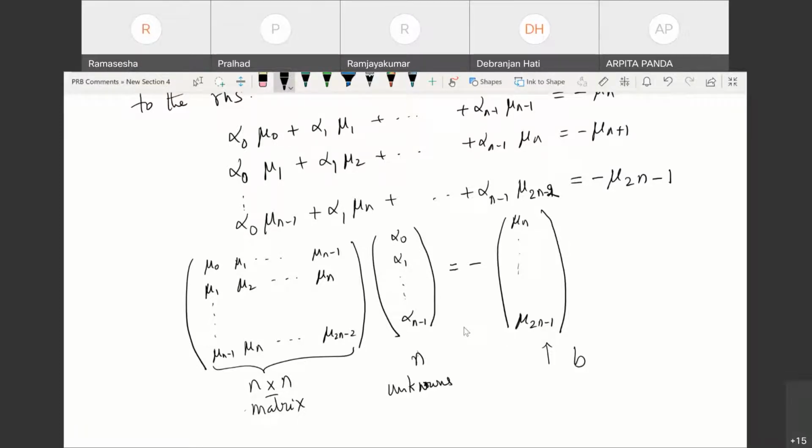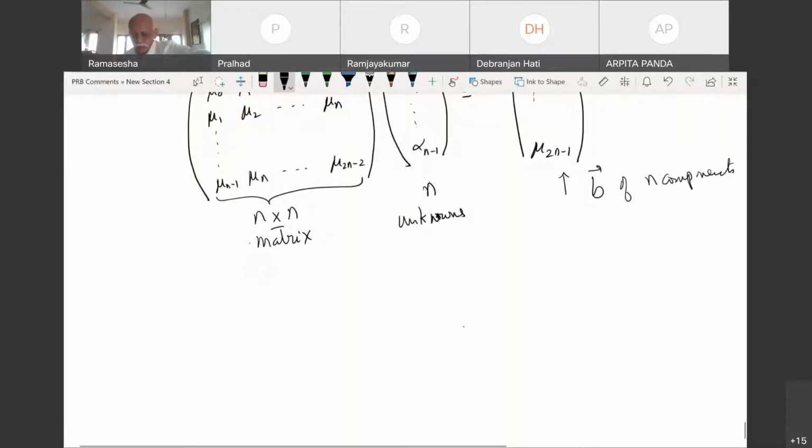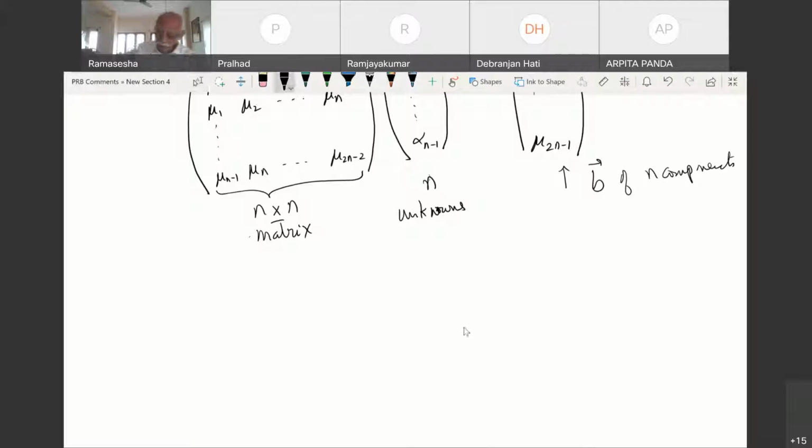Am I right? So I can call this matrix M, and this alpha, so M alpha is equal to B.